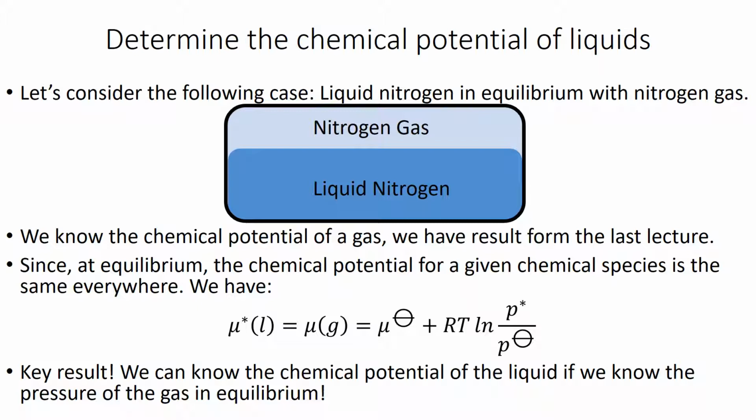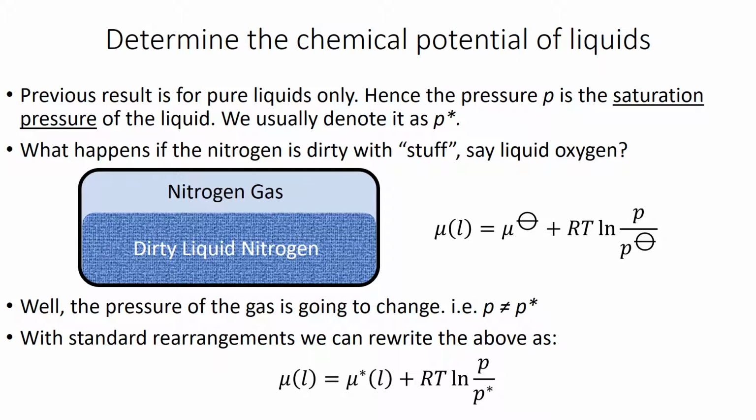And naturally, you have to also specify the temperature. I'm just assuming for the sake here room temperature, but it can be any temperature. As I mentioned, the previous result is for pure liquid systems only. That's what that star means. And so that pressure with the star is what we refer to as the saturation pressure of the liquid.